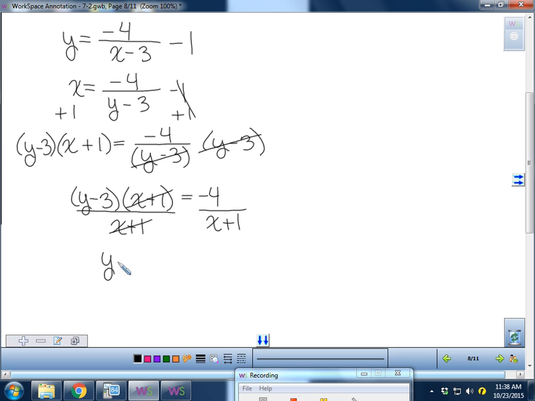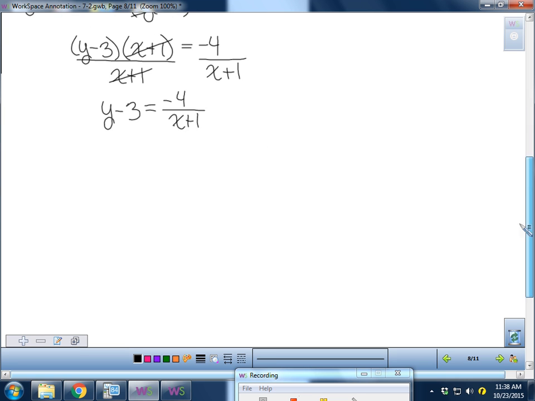Now all I have left is y minus 3 equals negative 4 over x plus 1. All right, my last step in isolating the y is to add this 3 right here. So I add it to this side. These cancel. I have y equals negative 4 over x plus 1 plus 3.